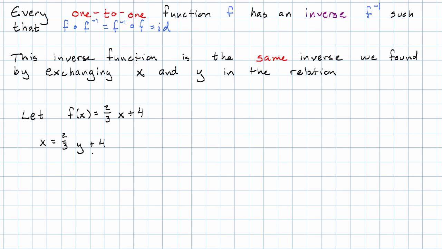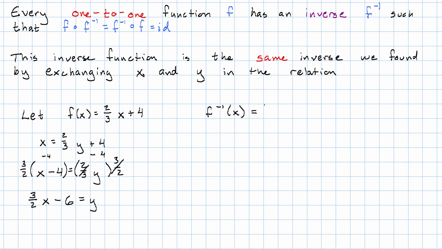First I subtract 4 from both sides. And now I need to get rid of this 2/3. I'm going to choose to think of this move as multiplying both sides by 3/2. And I'll get, after distributing, 3/2 x minus 6 is y. My inverse function is 3/2 x minus 6.